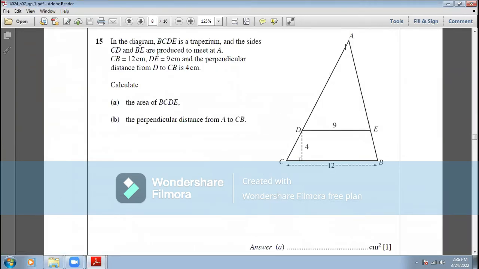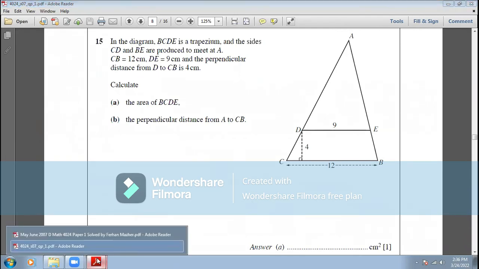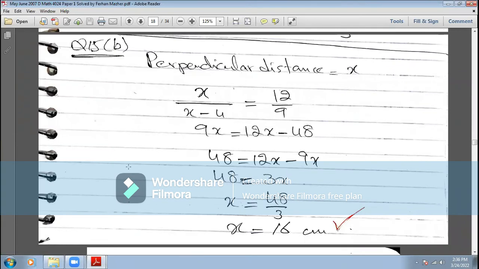Let me show you these triangles. This one is the small triangle. This one is the big triangle. This side of the small triangle is 9. This side of the big triangle is 12. Suppose the height of the small triangle is X minus 4, and the height of the big triangle is X. This is what we have supposed, and we are working on it.